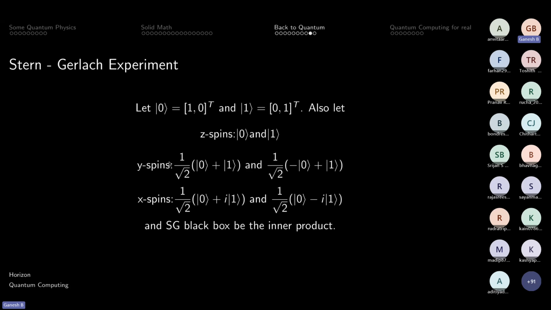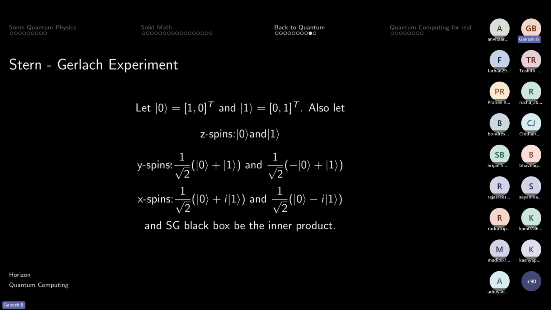And I define the x spins in a complex way: 0 plus i times 1 by root 2, and 0 minus i times 1 divided by root 2.